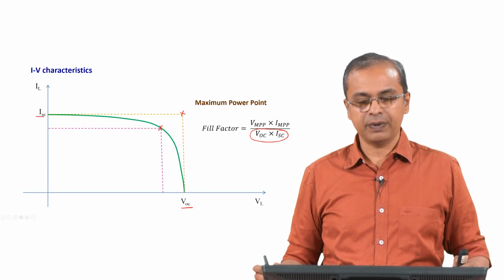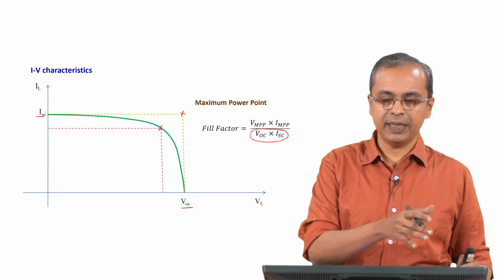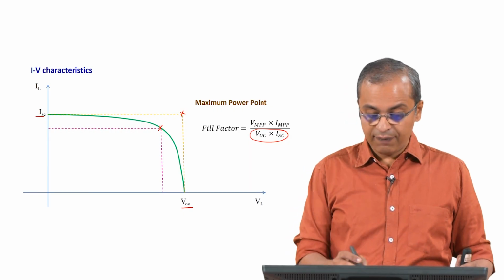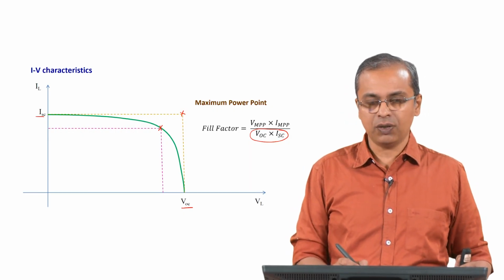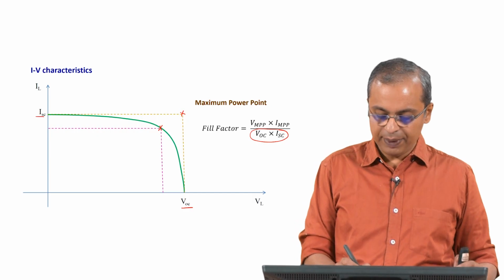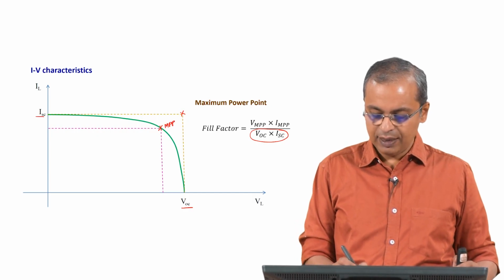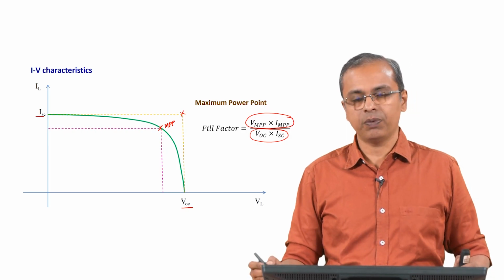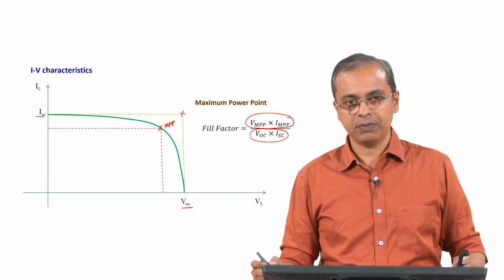So the maximum current that you can possibly get out of the system and the maximum voltage you can possibly get out of the system, that is in the denominator, whereas what you actually operationally get as your best operating point is this MPP that is listed here. So the voltage corresponding to the maximum power point, and the current corresponding to the maximum power point.